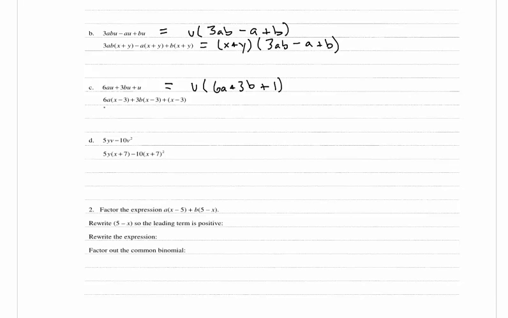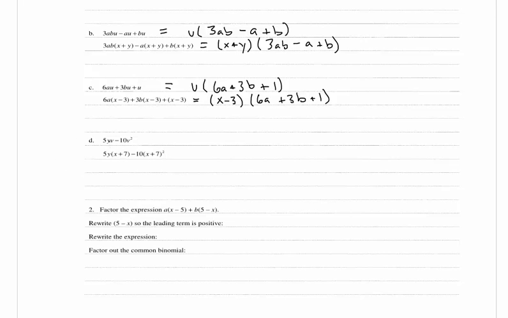And then in our second expression in c, we have 6a times (x - 3) plus 3b times (x - 3) plus (x - 3). So our common binomial is going to be x - 3. And then we're left with 6a + 3b + 1. So from our first expression to our second expression, u was replaced by x - 3.